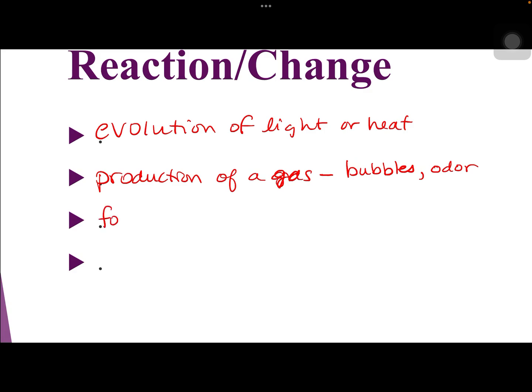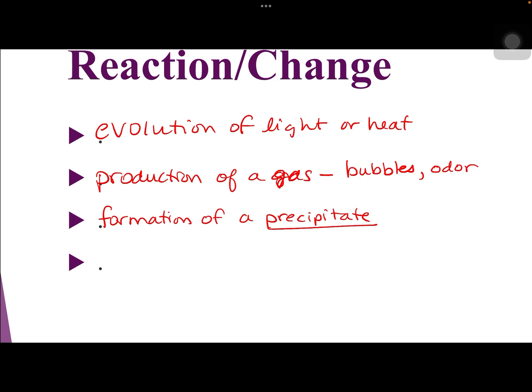Another way that you can tell that a chemical change is occurring is through the formation of a precipitate. Now, this is a word that you will see more, as we progress through the year. So if you think about the weather, precipitation is stuff that falls from the sky, right? It could be rain, sleet, snow.